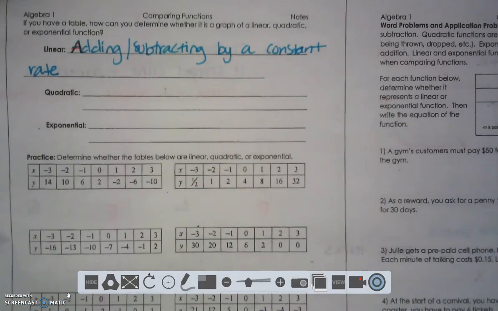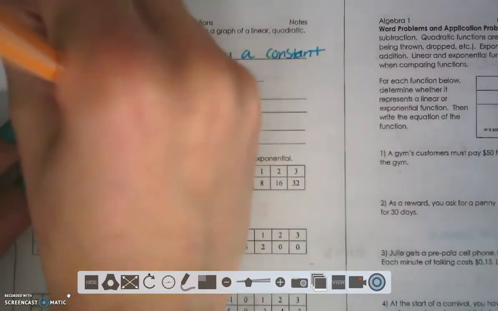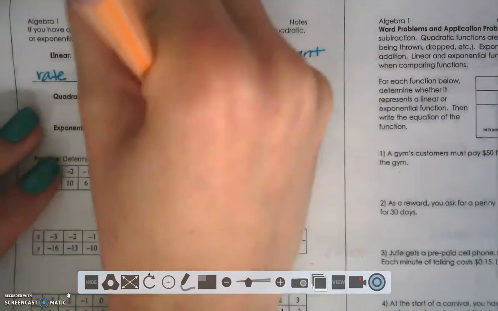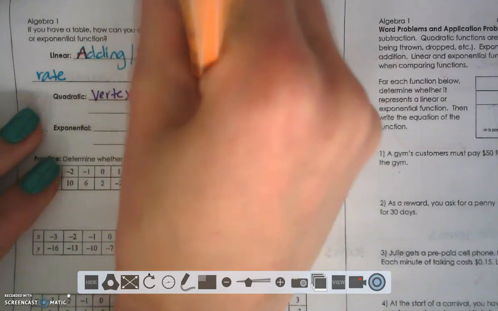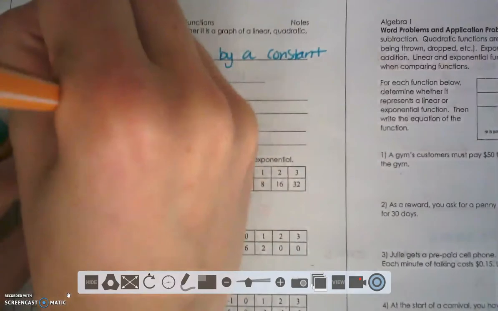I know I have something as quadratic if I notice that I have a vertex, which we call a mirror point, or we have something called the second difference.